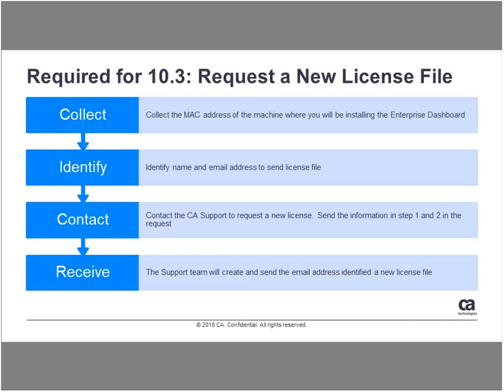You'll want to know who should be sent that license file, and then you can open a support case sharing that information, and the support team will send the new license file to the email address identified. So please put in a support case so that you can start getting access to 10.3.